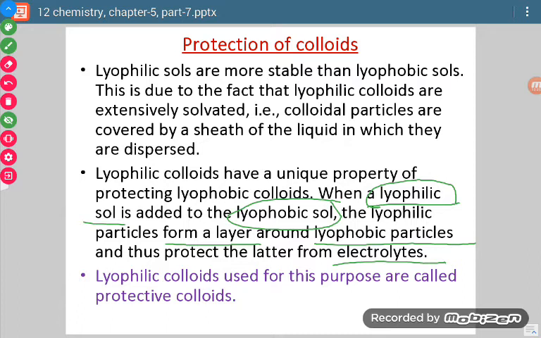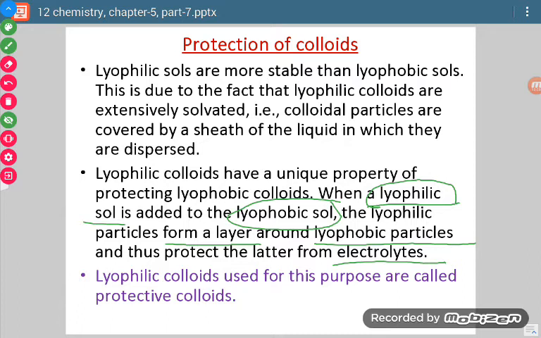So in this way, if we add a little amount of electrolyte, it will not result in coagulation. But in case we add too much, then once all the lyophilic sol particles are neutralized, the lyophobic sol will come.